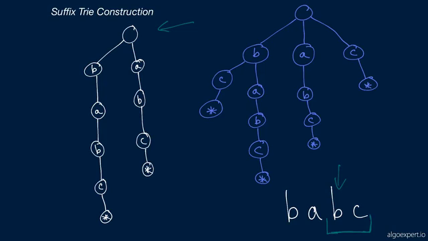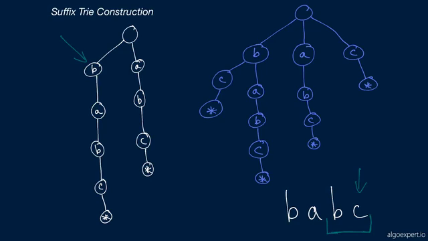Therefore, we can say, let's move our arrow to point to this B here, and we don't need to add anything else, okay?